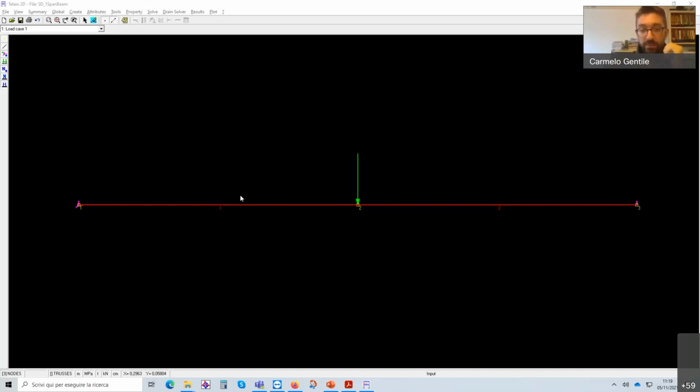This line could be like a rope, or it could be like a beam in reinforced concrete with 1 meter height, and obviously different elements and different geometries or cross sections will behave differently under this load. So the deformed shape will be qualitatively the same, but deeply different.